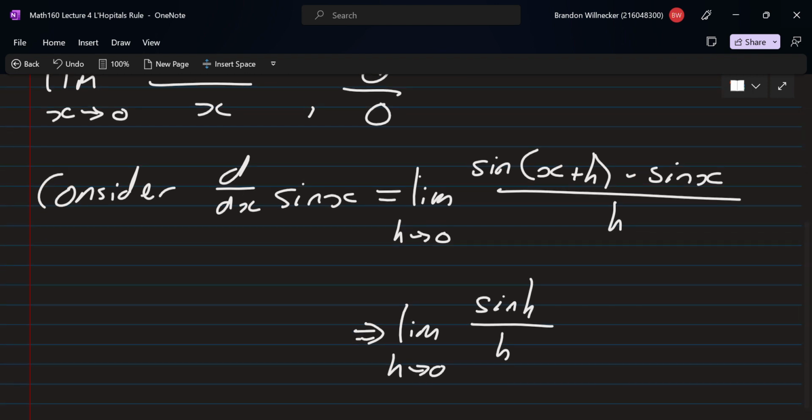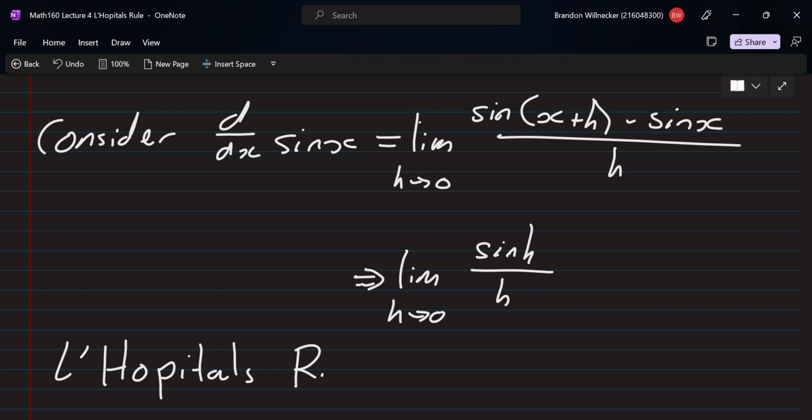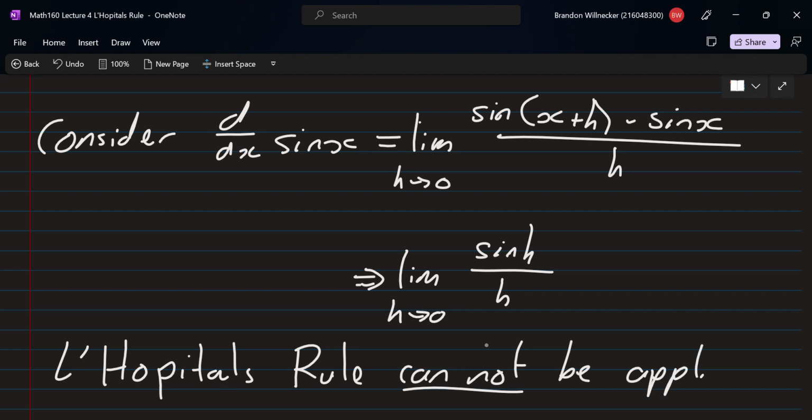Please fill in the steps and you'll see we run into this problem. So L'Hopital's rule cannot be applied, but we still need to evaluate this limit.